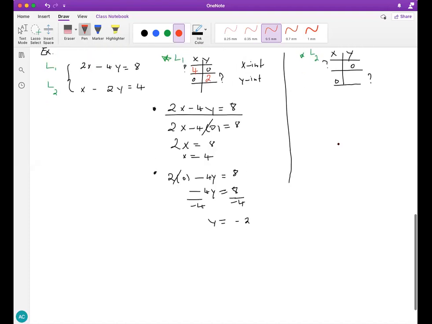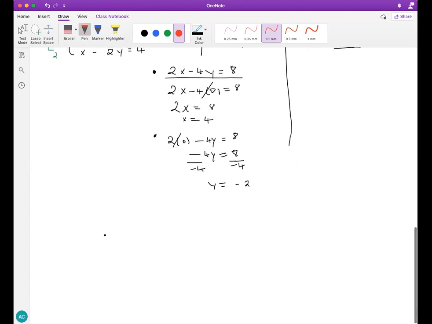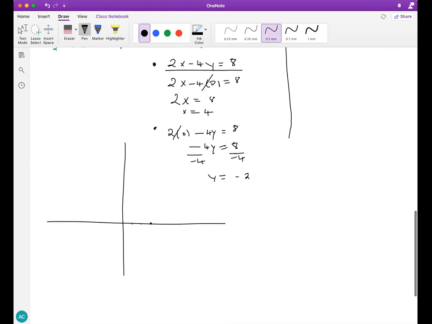So let's use a graph somewhere here. Oh, let's put that graph over here. So this is the x-axis.